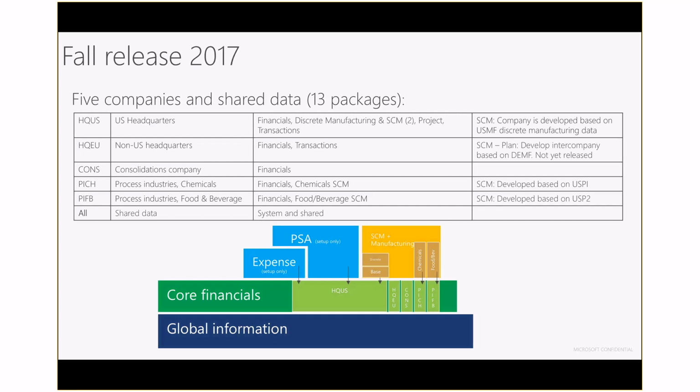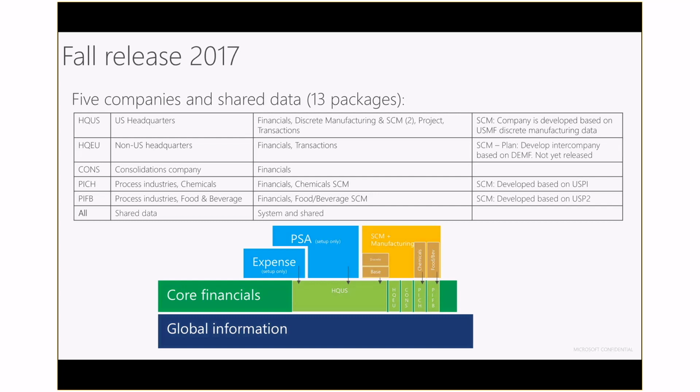The big difference is in the chemicals and food and beverage. Our supply chain team has taken the USPI company and the USP2 company and converted them so that they sit on top of the financials that we created. So you have a process industry specific chemicals company and a process industry specific food and beverage company. Again, the financials are the same as HQUS.